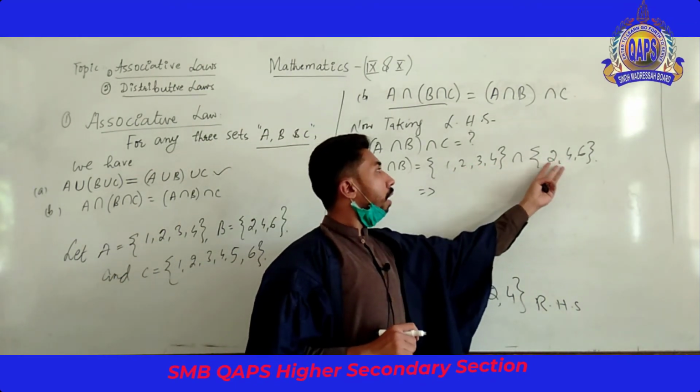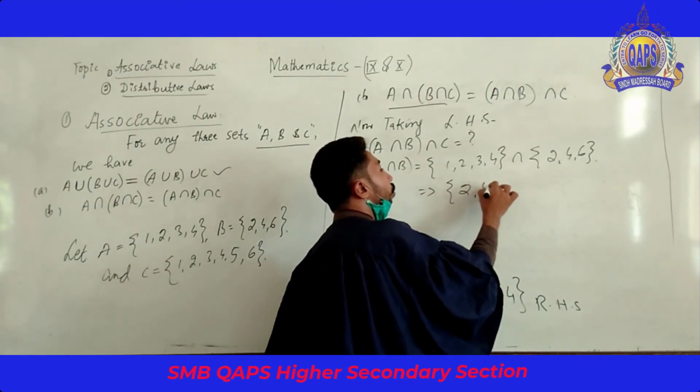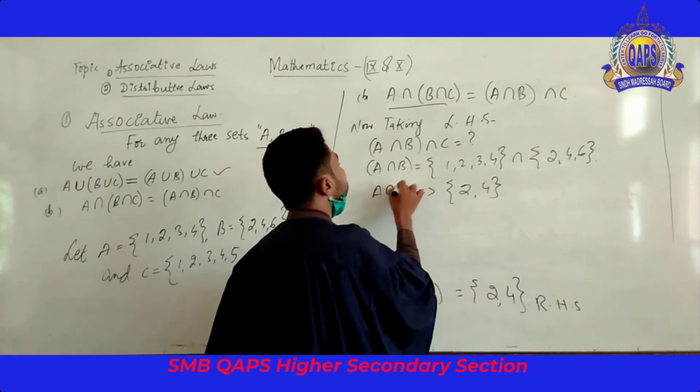So in intersection, 2 and 4 are our answer.